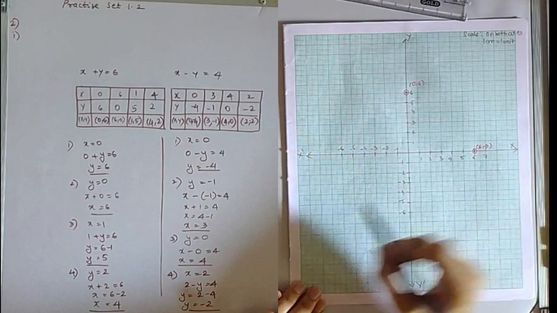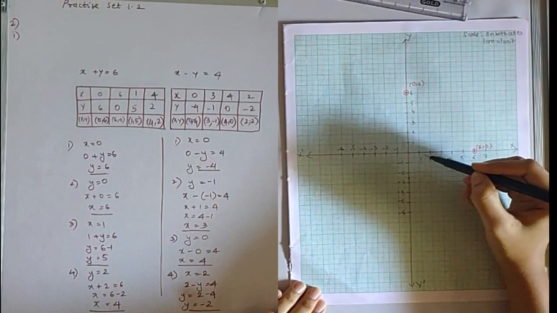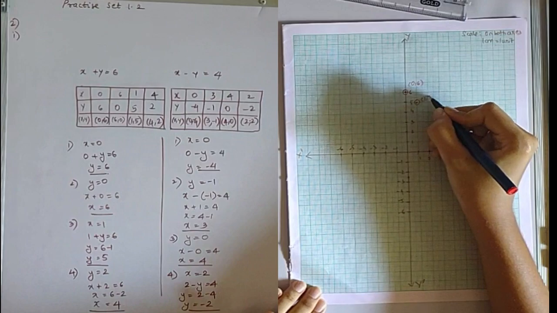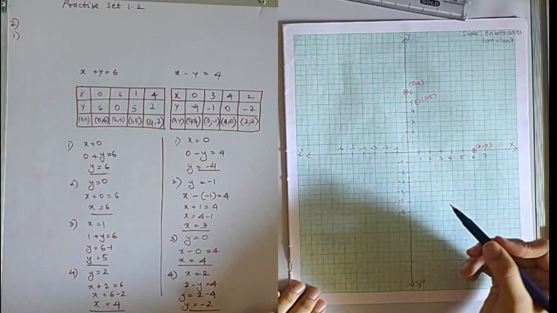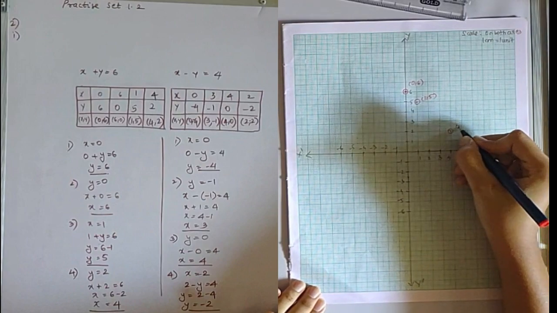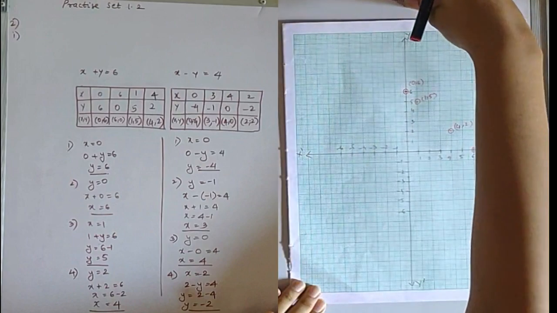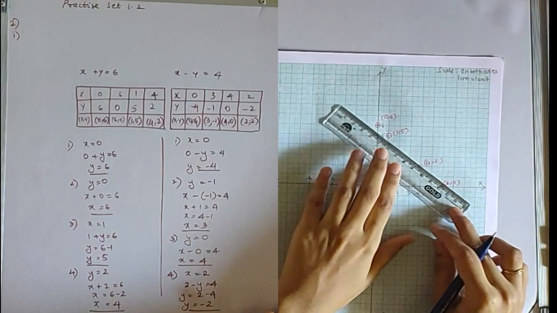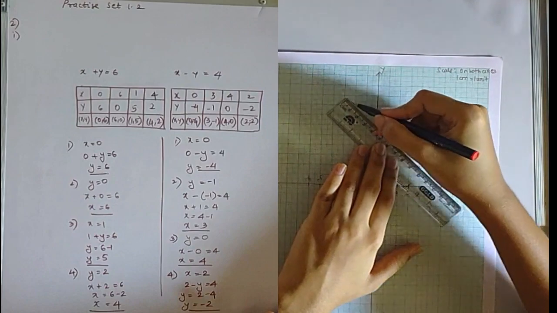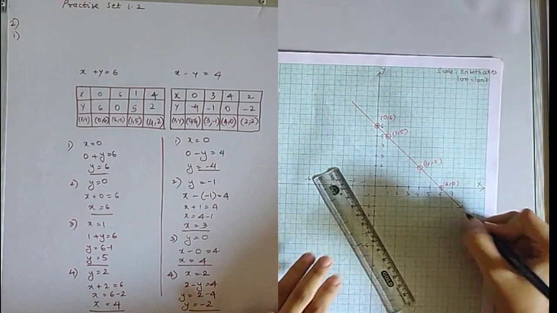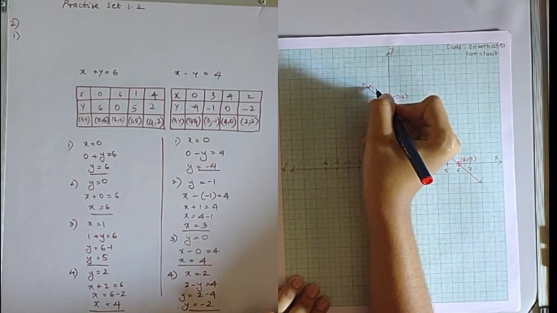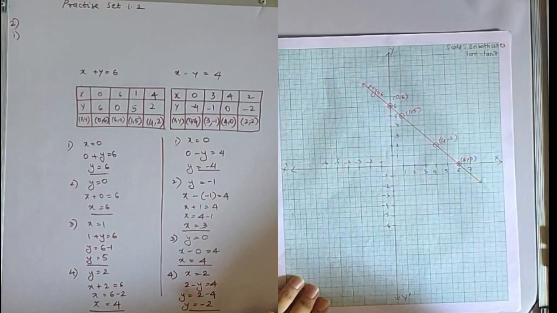So where will be my 1 comma 5? 1 and 5. Next, 4 comma 2. So this is my 4 comma 2. Now we will draw a line through these 4 points. So that's it. This is my line 1, that is x plus y is equal to 6.